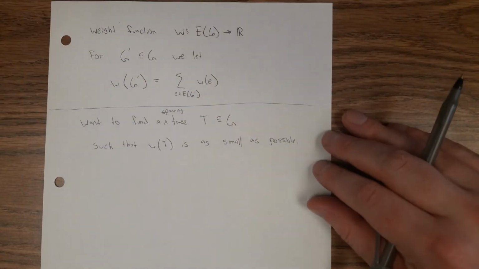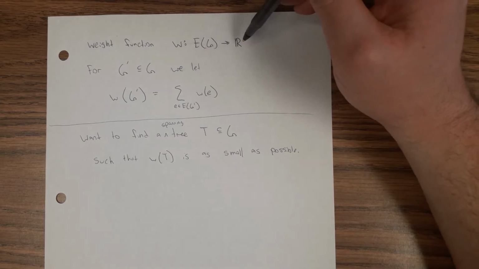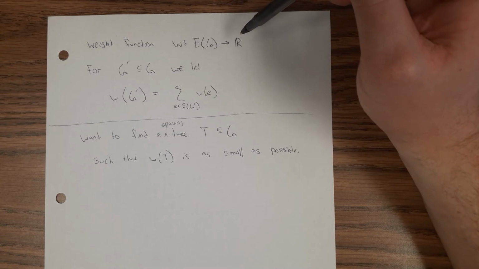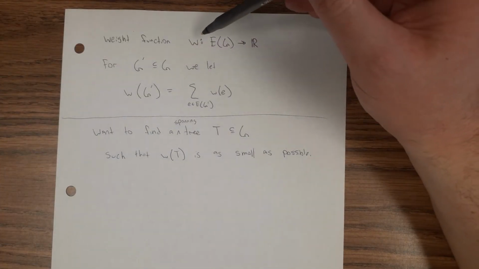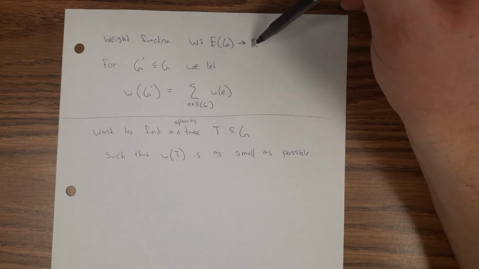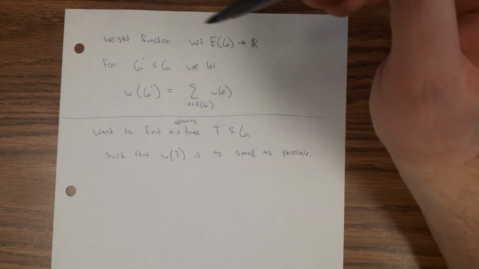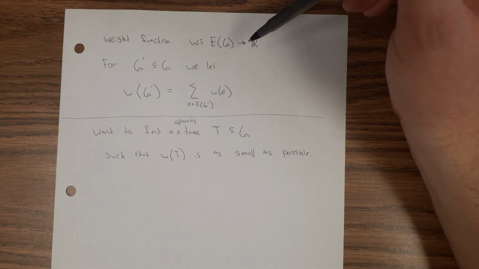So, actually, on this other sheet, I wrote just a little bit more formally. We have a weight function. In the picture, I just drew some numbers next to the edges, but more formally, we have a weight function, W, that goes from the edge set of a graph to the real numbers. And so you can talk about W of e for a particular edge.